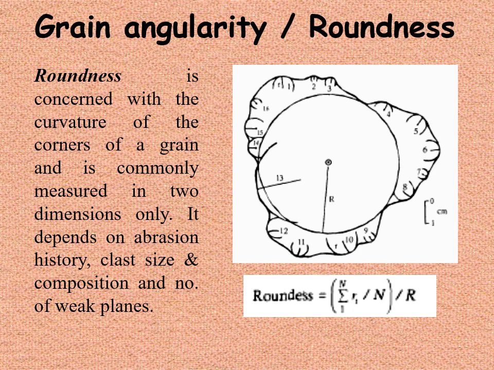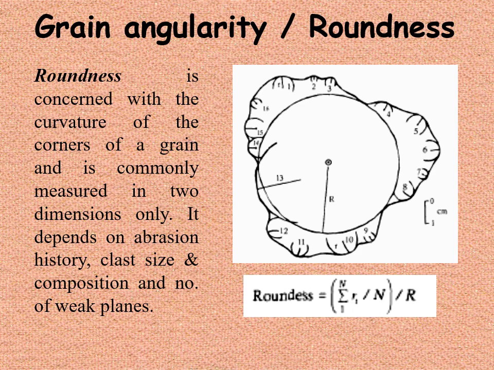Basically, if we consider an irregular grain, you can see that there are numerous small sides generated in an irregular grain. Now roundness is a ratio of the average radius of curvature of the edges along the corners of the grain to the curvature of the maximum inscribed circle within the grain.